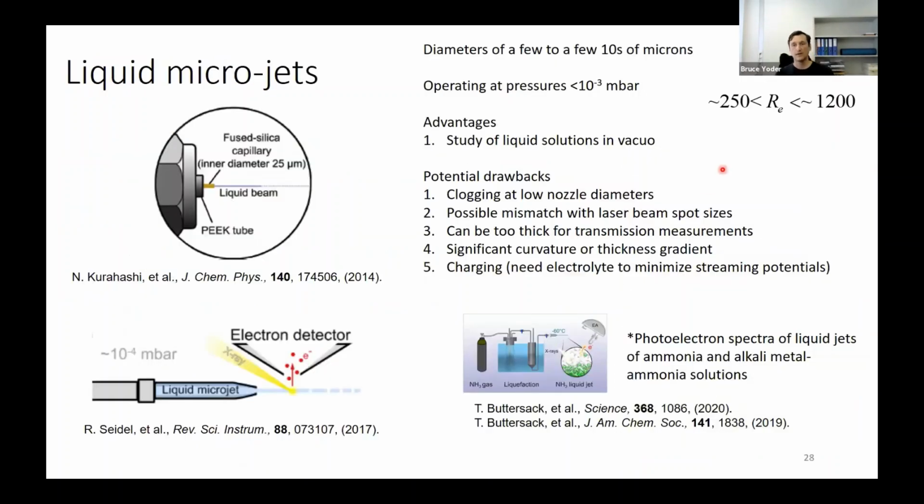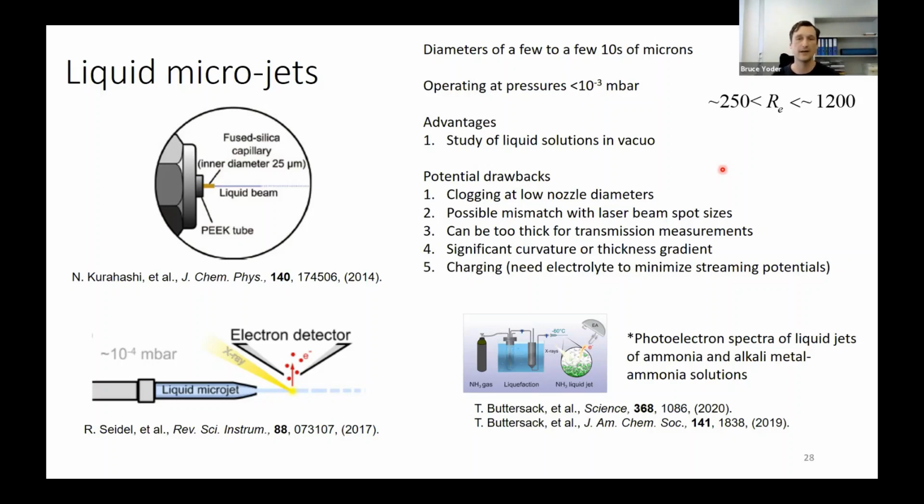One way of producing a liquid jet in vacuum conditions is by pushing liquid through either a disc-shaped metal orifice or more often a fused silica capillary. Faubel, Schlemmer, and Tönnes were the first to demonstrate this technique in vacuum in the late 80s. And it was used to collect photoelectron spectra of liquid water, alcohols, alkanes in the late 90s.